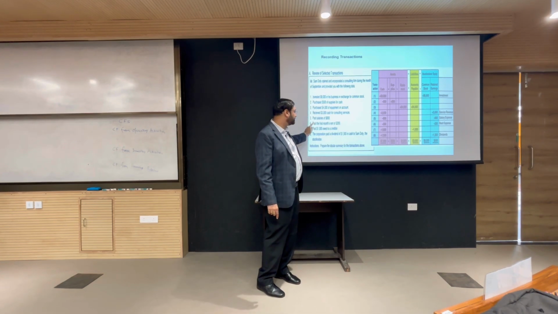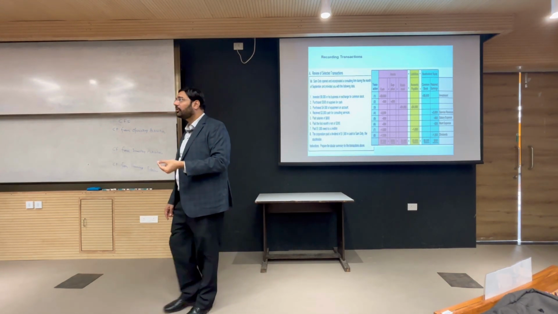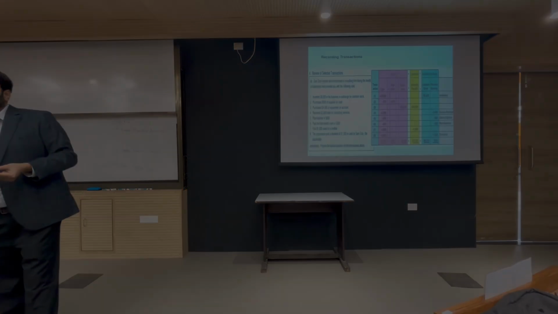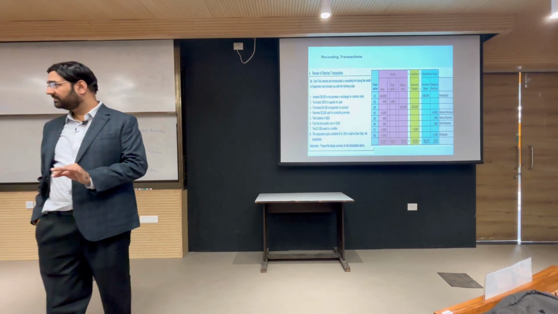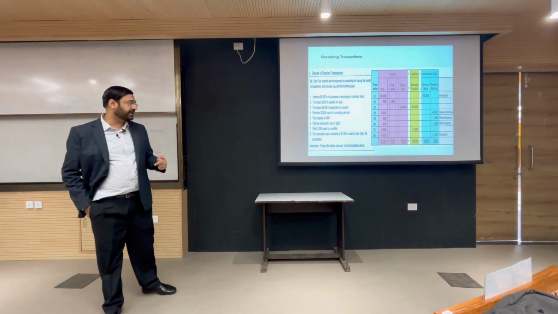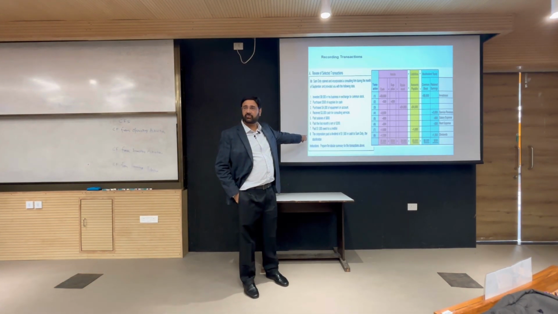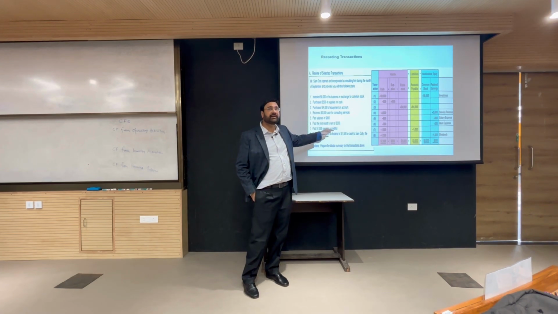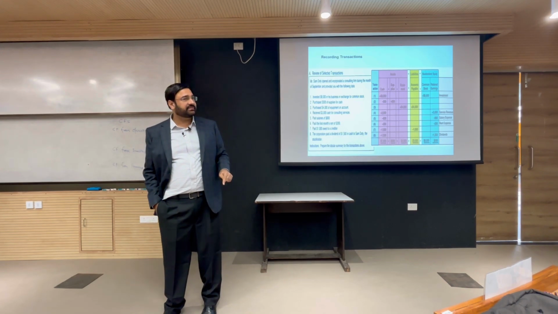So it is absolutely clear from this context that the 1,000 is paid on account of purchase of equipment, and that is not an operating activity; it is an investing activity.